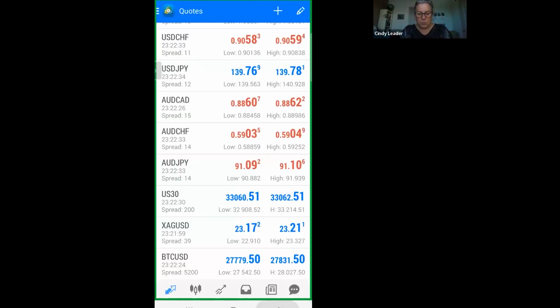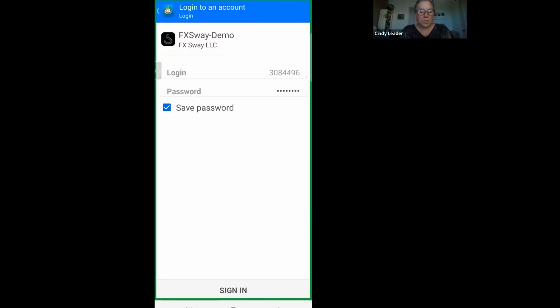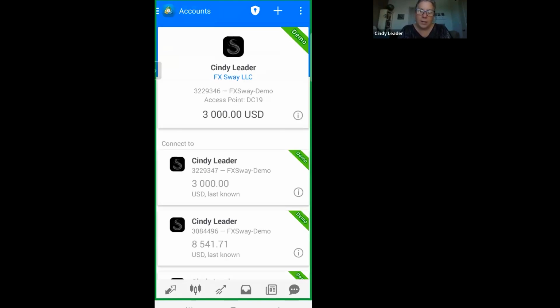But I thought what I would do is go into these 2 demo accounts that I created, and we can take a look to see how that correlates with lot sizes. So this is where people would get into trouble, because I'll show you. Let's go into the first one, 346 account.